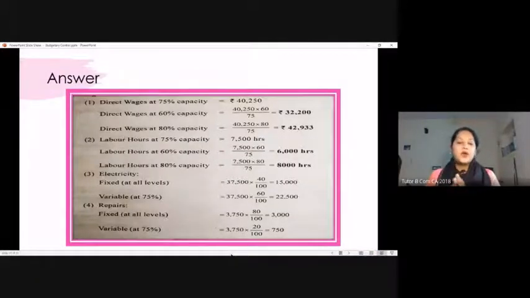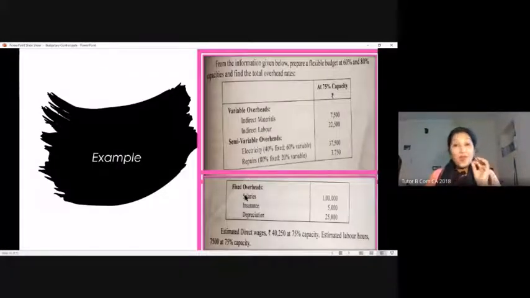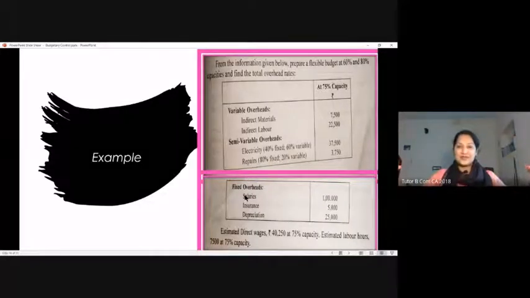Now about electricity, we know that a certain expense, here they have set the condition, 40% is fixed at all the levels. So we just have to find out what 40% is. So what did we do? 37,500 into 40 by 100, which gives us the fixed component of electricity, which is the same for all the capacity levels, for 60%, for 80%, and for 75%.